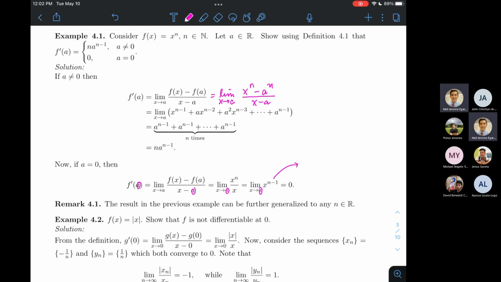Kapag si n ay equal kay 1, this guy will be x to the 0 lang, constant na 1. So kukuha ko ng limit ni 1 as x approaches 0, dapat equal siya kay 1. Tama ba guys? Or is it just me not being able to focus?